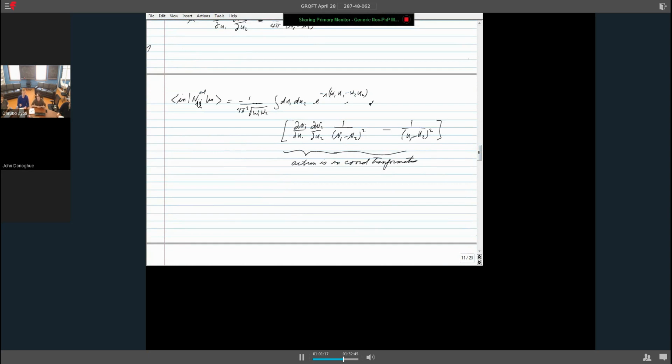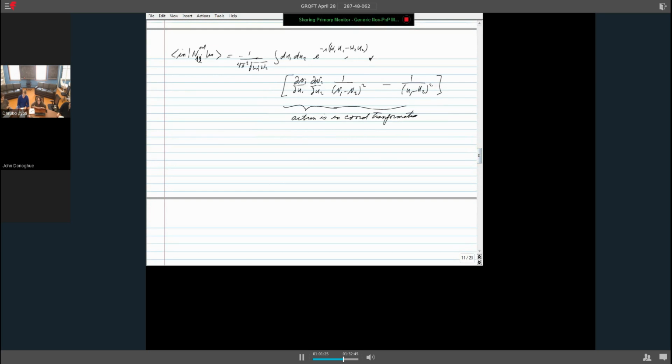So these are 1s and 2s here, times a factor which is dv1 du1 dv2 du2 1 over v1 minus v2 squared, and then the outward one is 1 over u1 minus u2. Okay. All right.